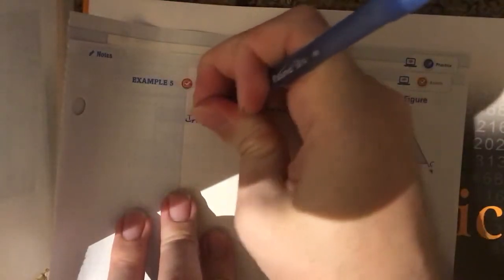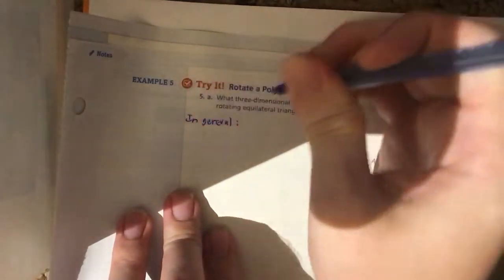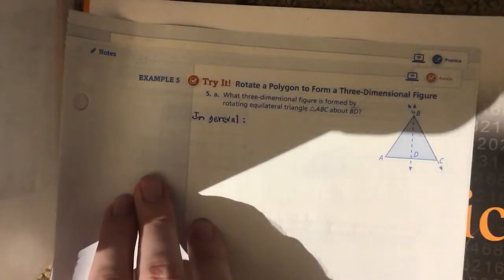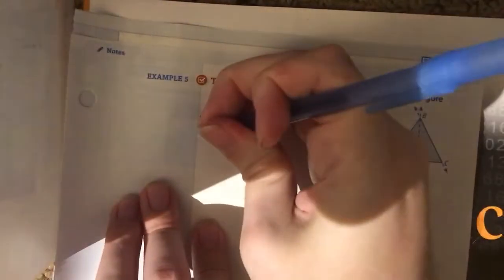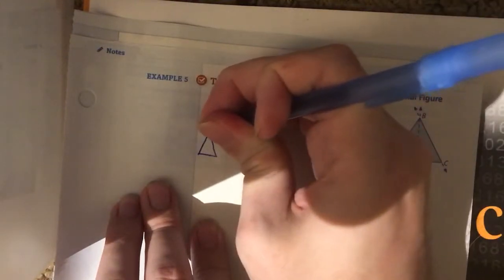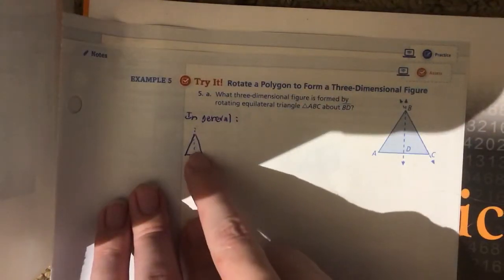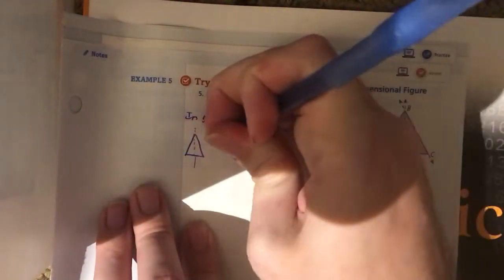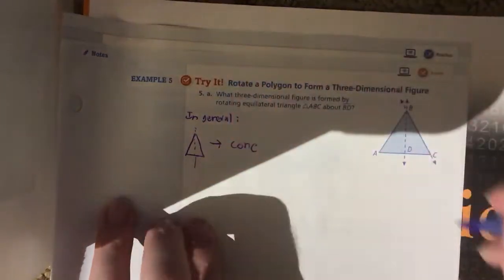So, in general, this is what you're going to need to know for this. If I have a 2D object, so for example, if I have a triangle and I rotate it about this line in the triangle, it's going to form a cone. I just showed you that.